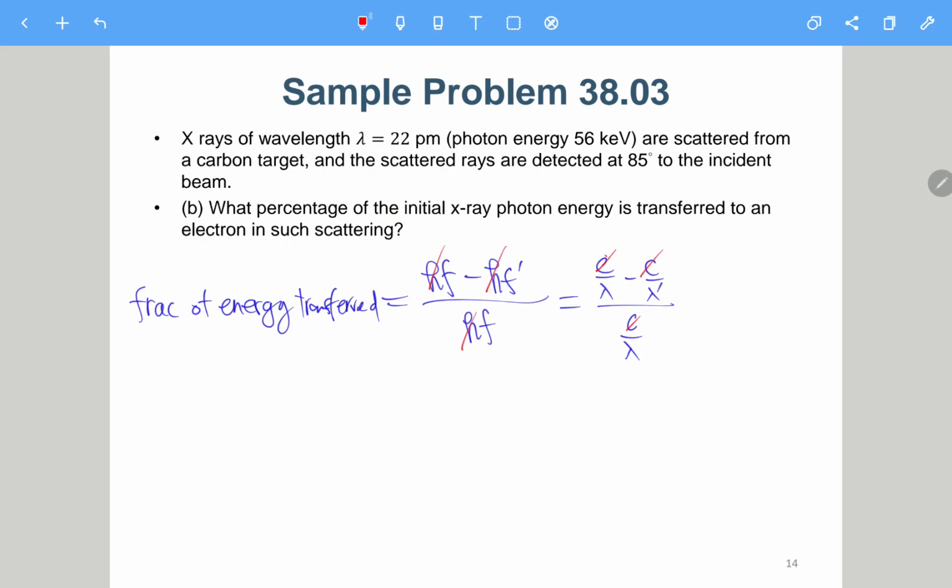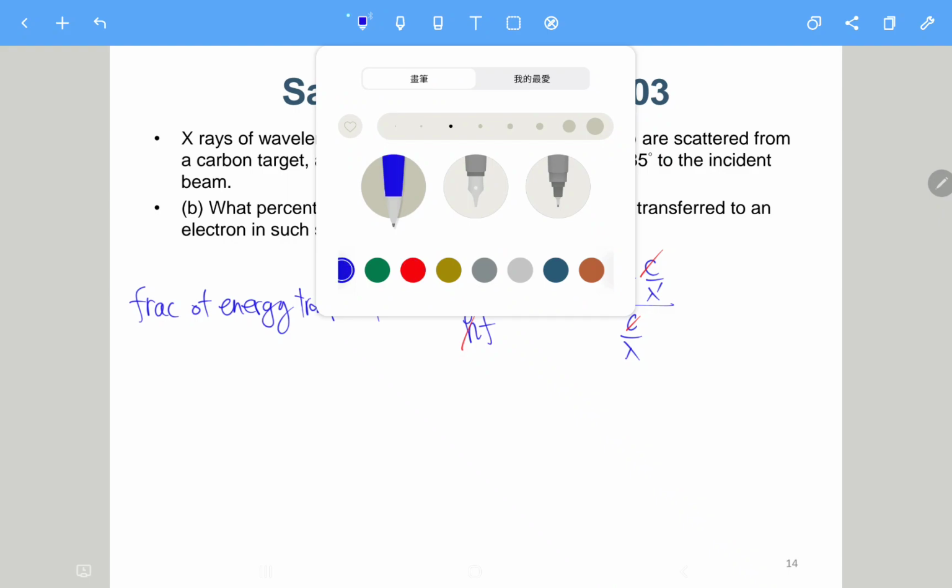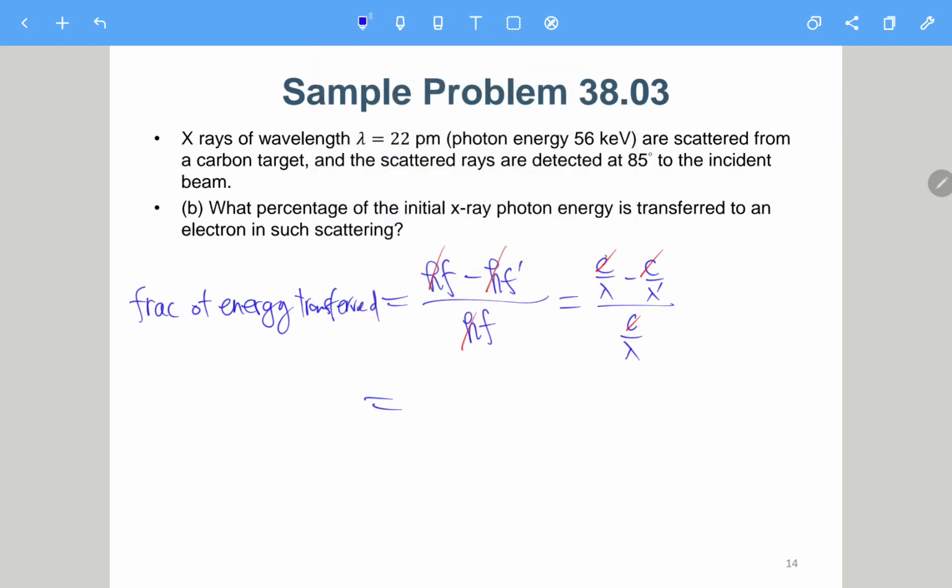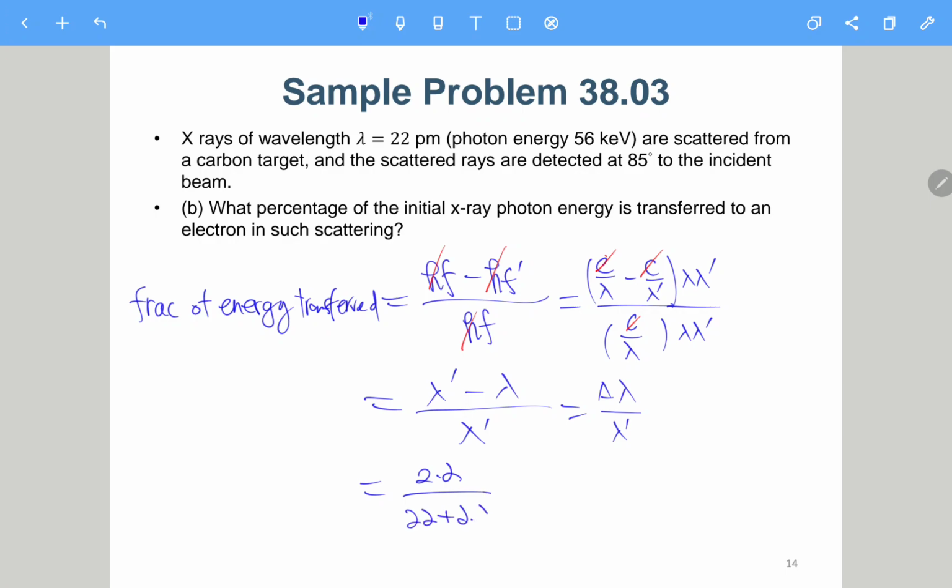Finally it simplifies, multiplying by lambda prime, to lambda prime minus lambda over lambda prime. So this is delta lambda over lambda prime, which is 2.2 over 22 plus 2.2. So this is 9.1%.